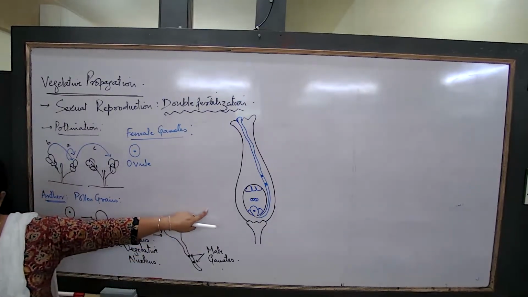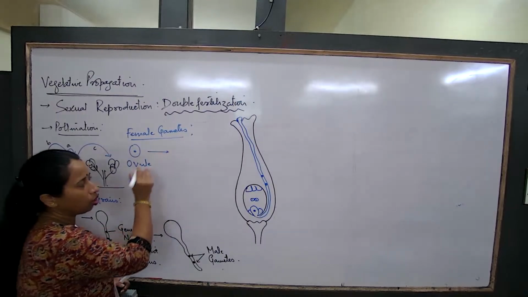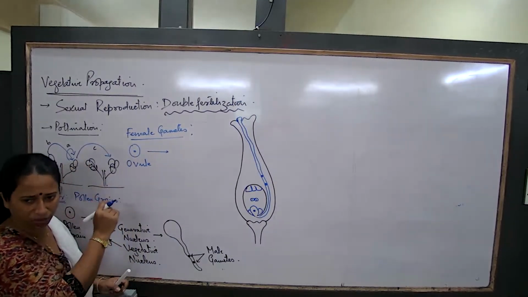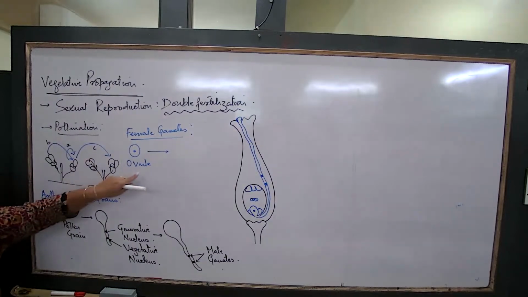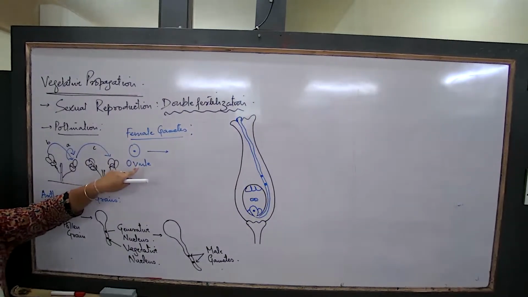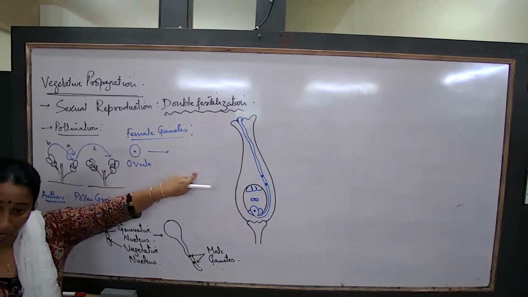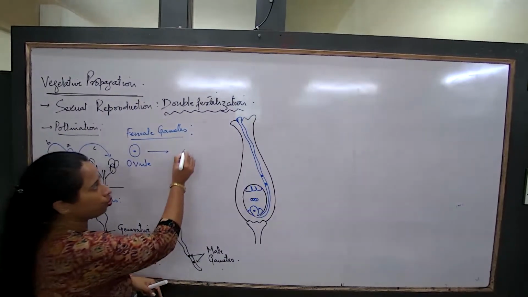So here, for understanding, we are taking only one. Now, this ovule will undergo a process of cell division, meiosis. I just mentioned this process, not necessary for you. This ovule undergoes a process of cell division, and since the process of cell division is more elaborate than this, the number of gametes is also too many.